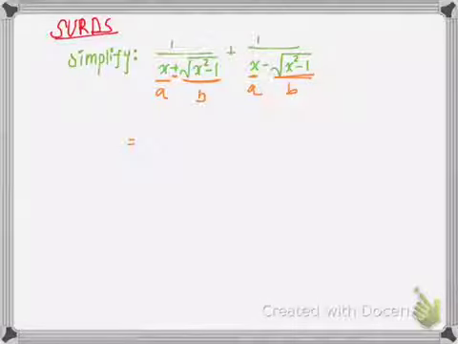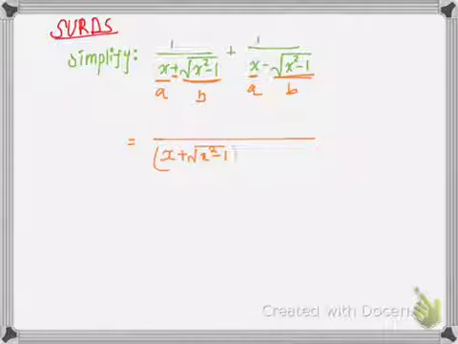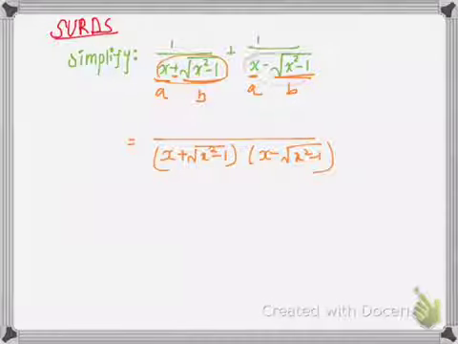And now at first I'm going to take the LCM, which is x plus root x squared minus 1 and x minus root x squared minus 1. So I've simply multiplied these two denominators, and now at first I'm going to write the numerator of my first expression before this positive sign, which is 1.